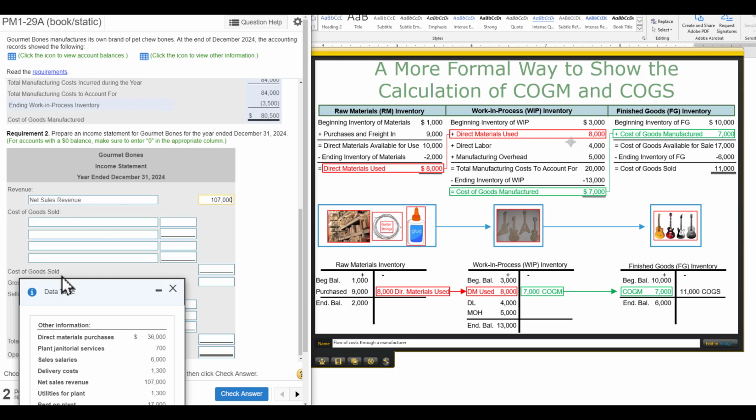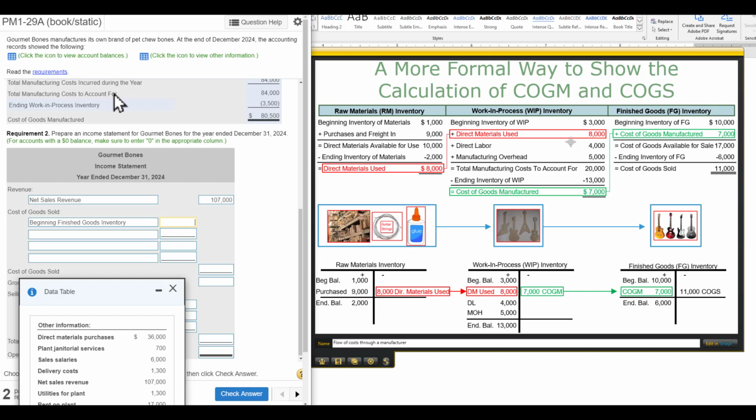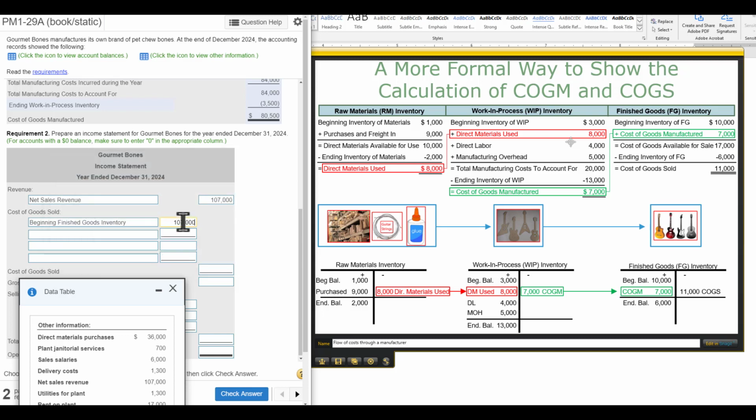That fits right in here. So the way we figure out cost of goods sold is we take beginning inventory of finished goods, beginning finished goods inventory, which was right here, 0.